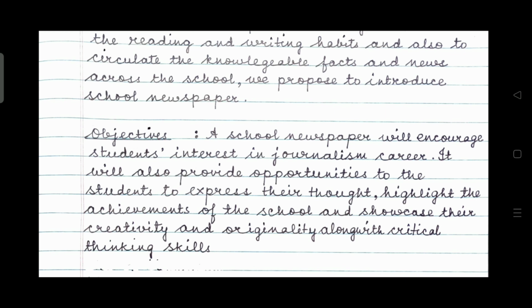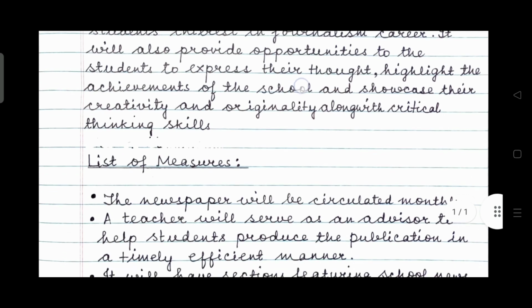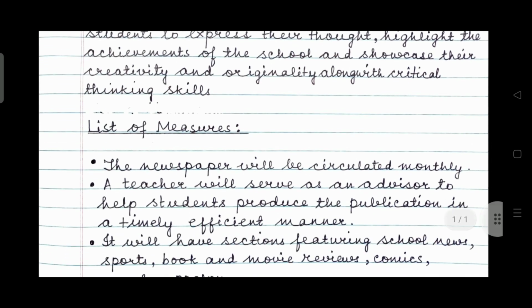Observe how I have packed so many points in two sentences. These are my objectives.